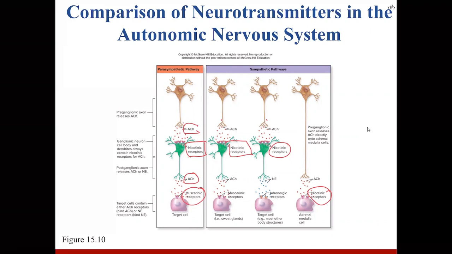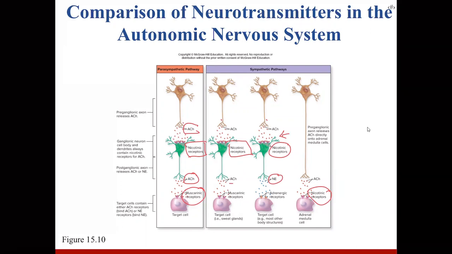Now, if you go to the sympathetic, there's more than one thing going on, because all of these pathways are not working the same way. We had those 4 separate pathways. For example, the one goes to the adrenal medulla, so the adrenal medulla could release norepinephrine, or they could release acetylcholine again.